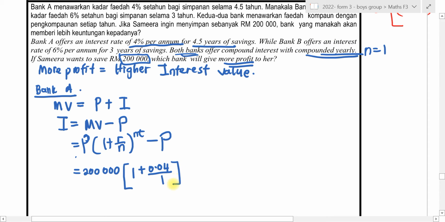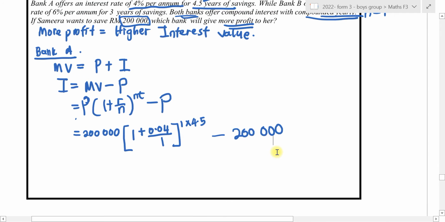So I put over 1, and then 1 multiplied by the power, the time is 4.5 years, so 4.5. And then don't forget you need to minus the 200,000 back to get the interest accumulated by bank A. Sharvina, what will you get for this section only?